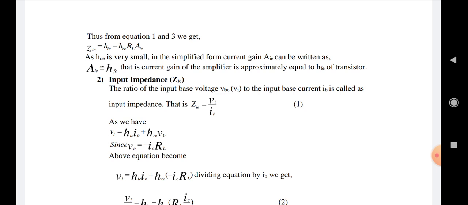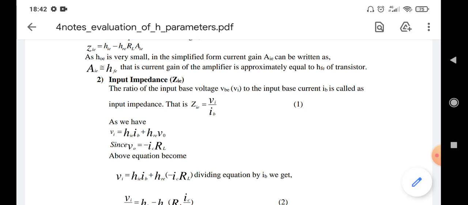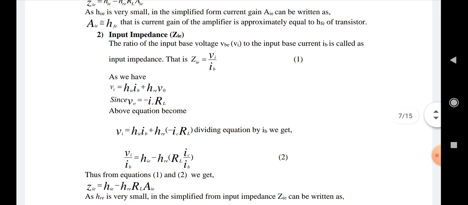Since V_o is equal to minus I_c R_L, means V_i is equal to h_ie I_b plus h_re into minus I_c R_L. Dividing the equation by I_b, we get V_i upon I_b is equal to h_ie minus h_re in bracket R_L I_c upon I_b.